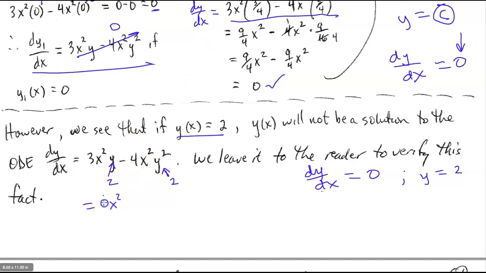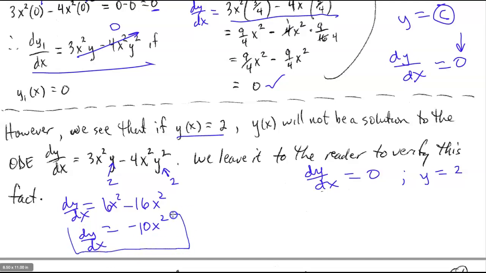So let me fix that. I would get this here, and then 2 squared is 4, and 4 times 4 is 16. And notice this would end up being 10x squared. So I would have a situation where this does not end up equaling 0.